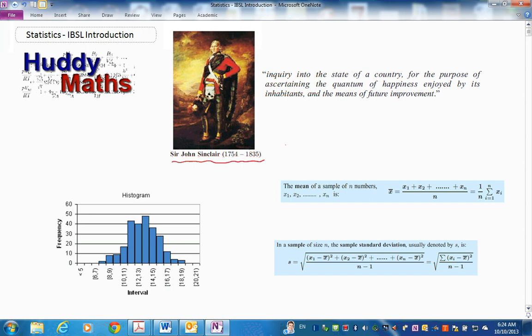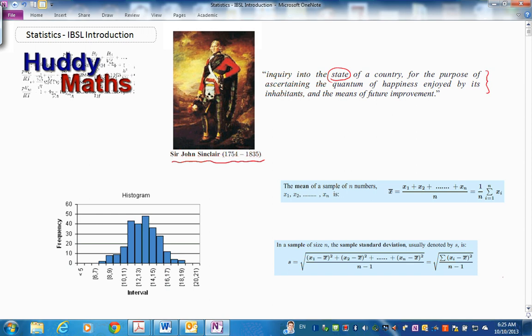And this guy, Sir John Sinclair, back in the 18th, 19th century, came up with this definition of statistics. I think he actually created the word to mean inquiry into the state of a country for the purpose of ascertaining the quantum of happiness enjoyed by its inhabitants and the means of future improvement.